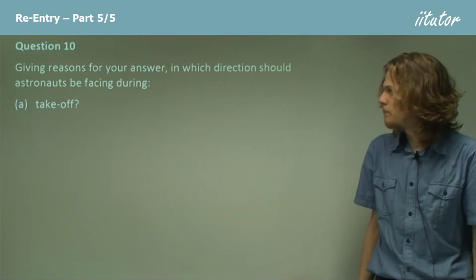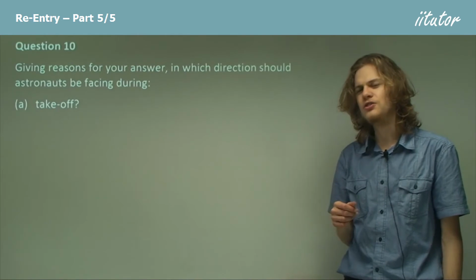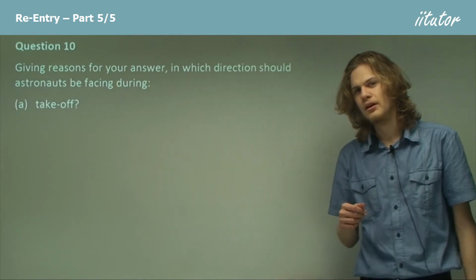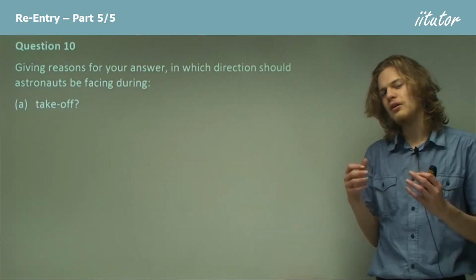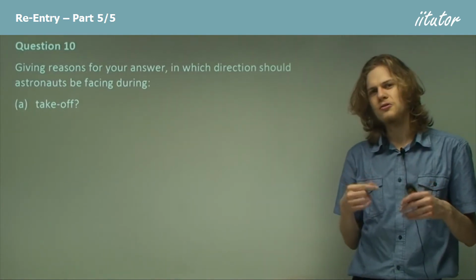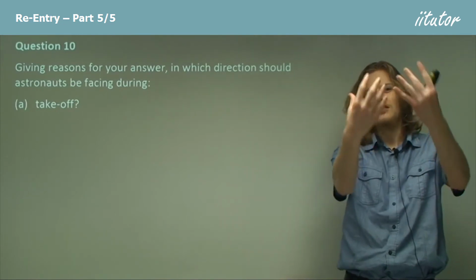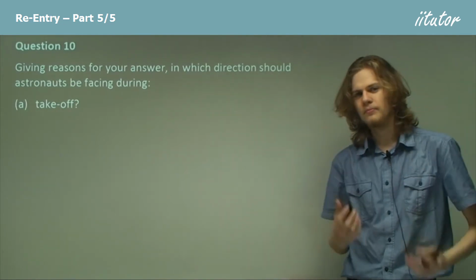Question 10. Giving reasons for your answer, in which direction should astronauts be facing during takeoff? So remember, if we want to minimize the harmful effects of G-forces, we need to use an eyeballs-in approach. That is, have the G-force acting in this direction, right?